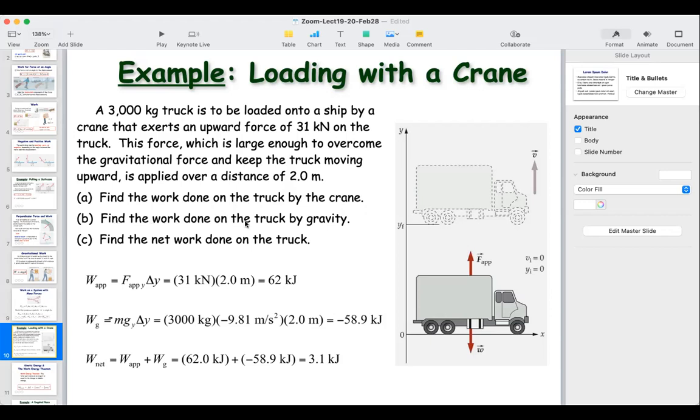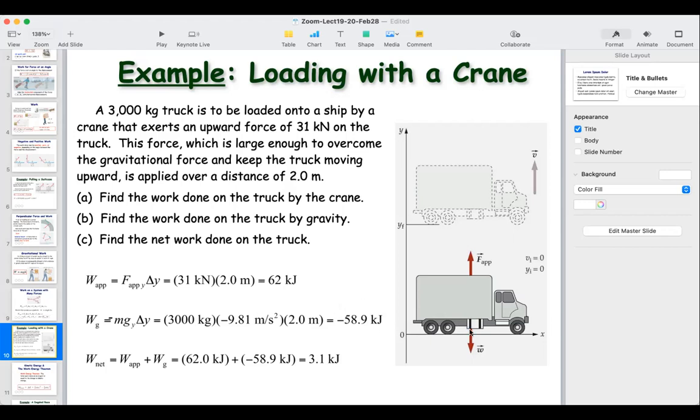Then find the work done on the truck by gravity. In this case, we have the gravitational force mg times delta y. So we have the mass of the truck, 3,000 kilograms, times minus 9.81 meters per second squared, which is the gravity force, multiplied by the displacement, which is 2 meters, and you get a negative work, okay?